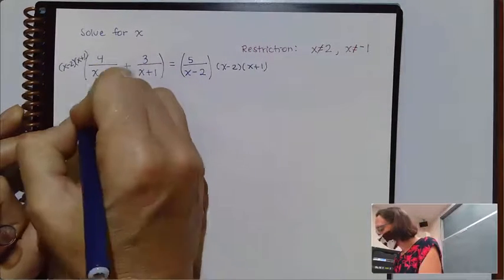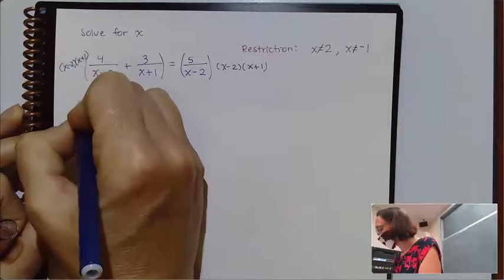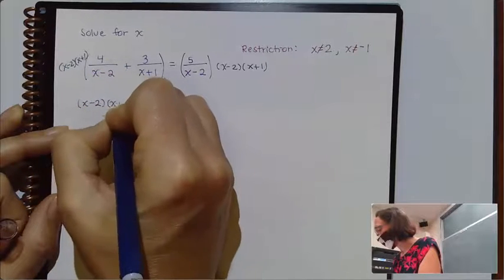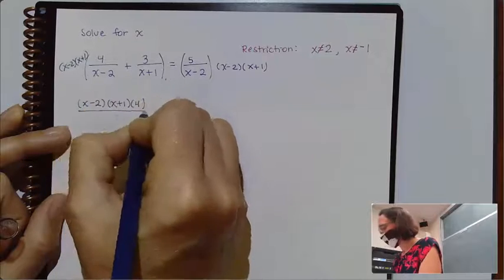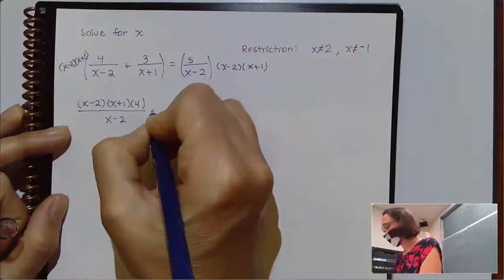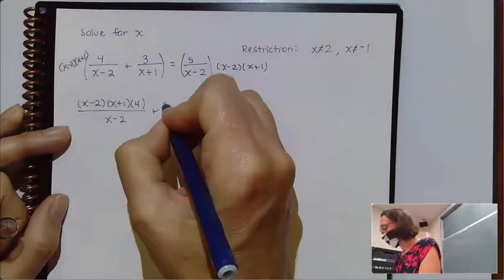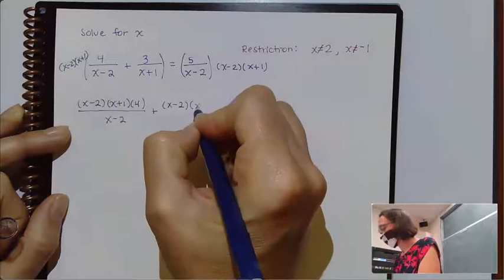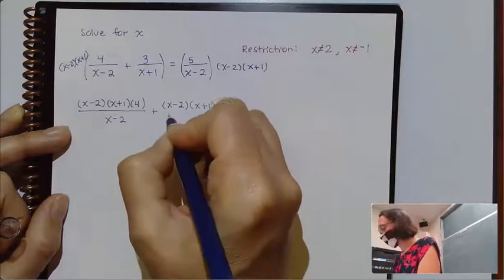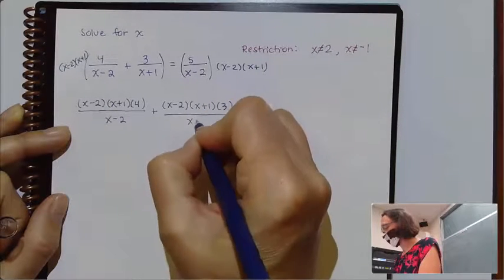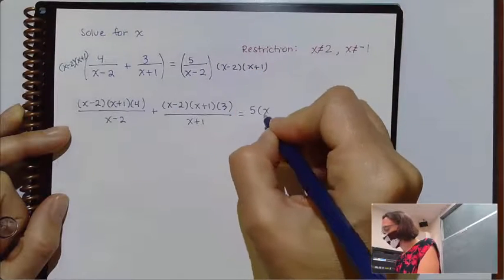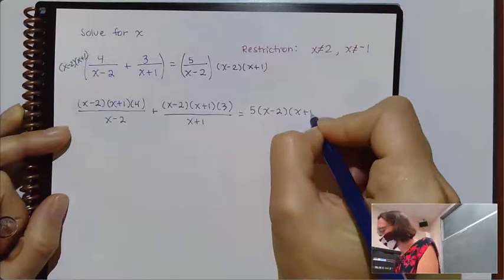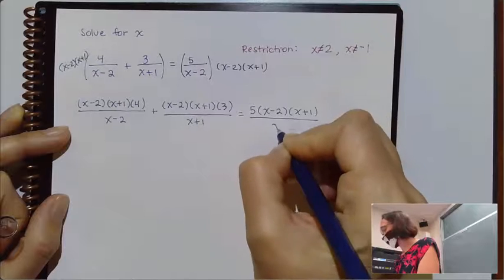For the first part, I'm going to have x minus 2 times x plus 1 times 4, and that's over x minus 2. For the next part, I'm going to have x minus 2 times x plus 1 times 3, and that whole thing is over x plus 1. And on the right-hand side, I'll have 5 times x minus 2 times x plus 1, all over x minus 2.